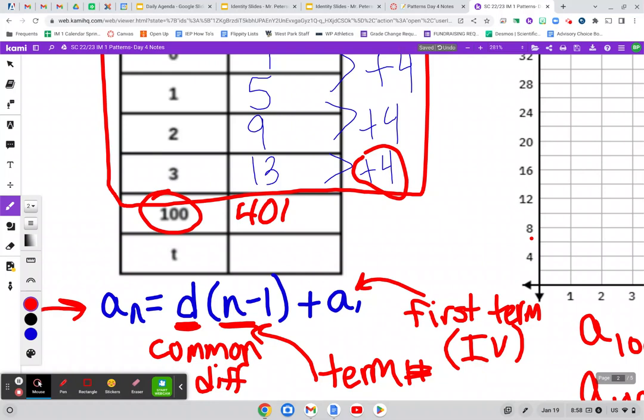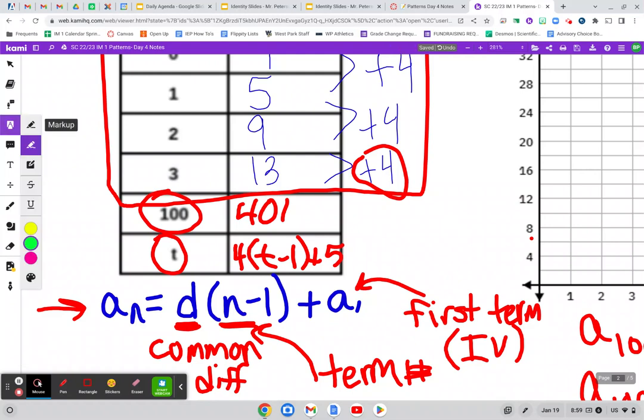Now, if we want to find T and we want to come up with an expression, the expression is just simply going to be the common difference of 4 times T minus 1, plus the initial value of 5. So this right here is going to be our expression.